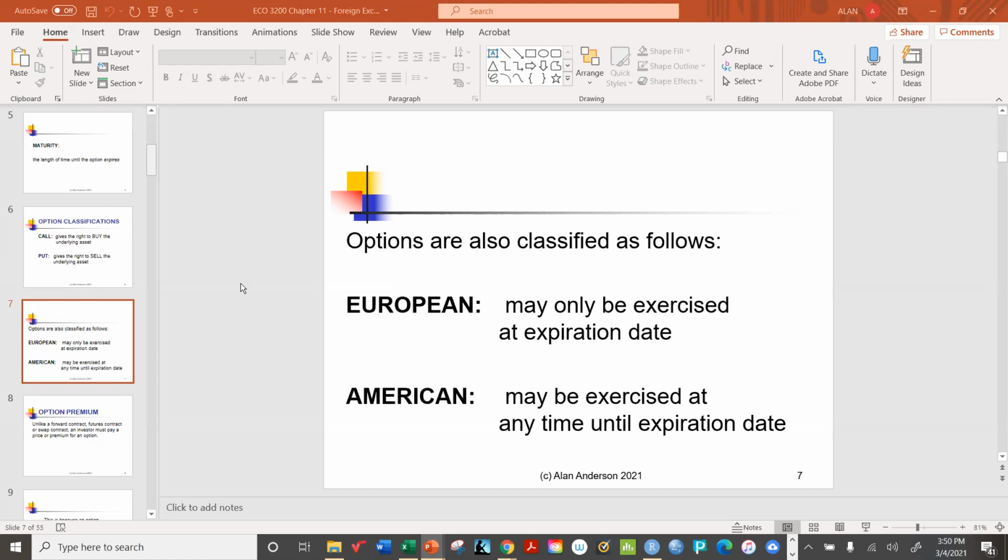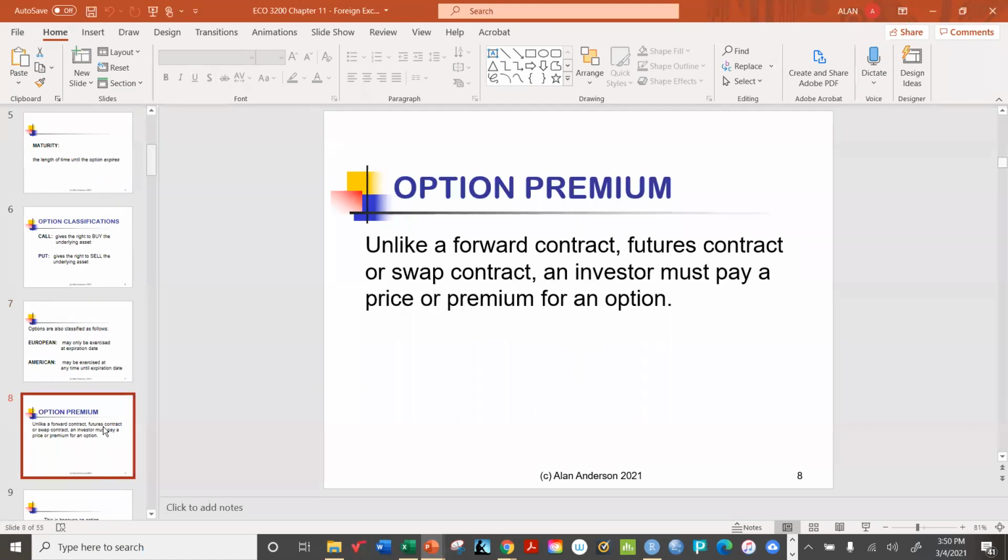All right, now here's one important thing that's different about options. Besides the fact you have the right to do something but not the obligation, another incredibly important difference between options and, let's say, forwards and futures is this. With an option, you have to pay for it. Remember, a forward contract is just an agreement.